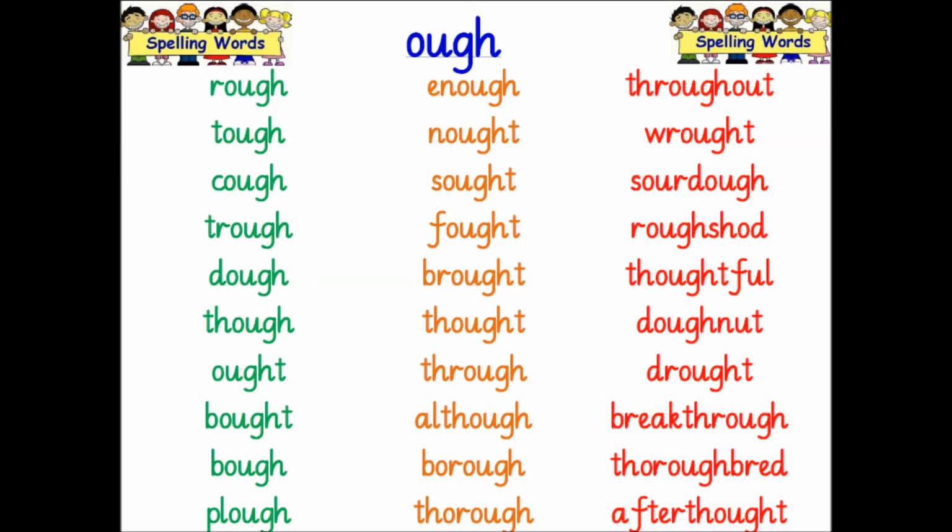So it's about finding something. Fought is the past tense of fight. Brought is the past tense of bring. It's not, often people say brung. Brung is not a word, it's brought. Thought is the past tense of think.